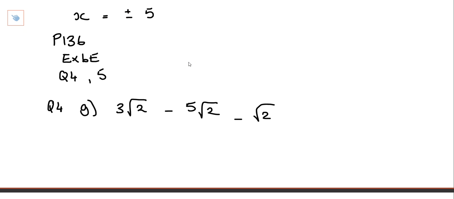Gabriella, what would be the simplification of that? It says 4 root 2 on the question. Does it? Okay. It says plus 5 root 2 take away root 2. Yeah, I've actually written out J, haven't I? Not G.